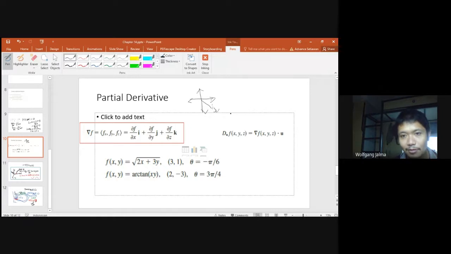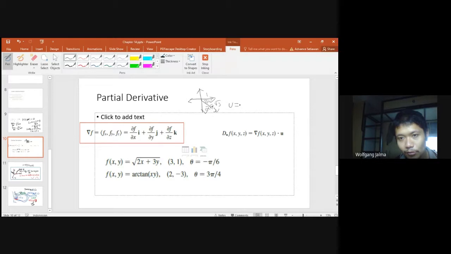Basically 30 degrees, so this is 1, 2, square root of 3.